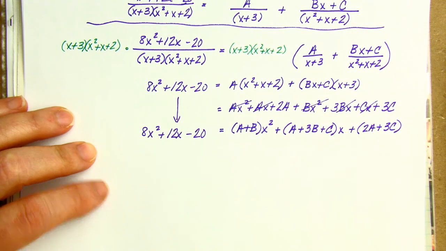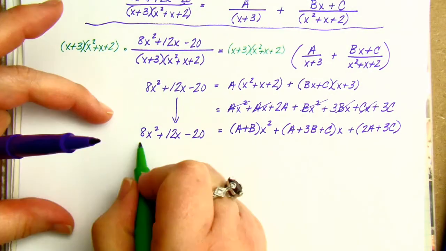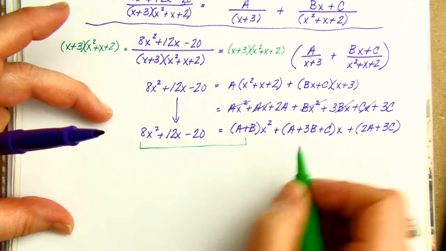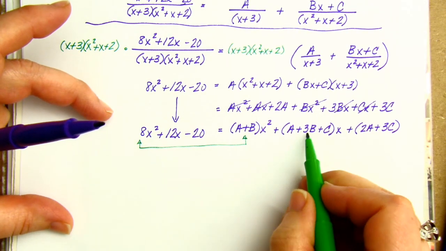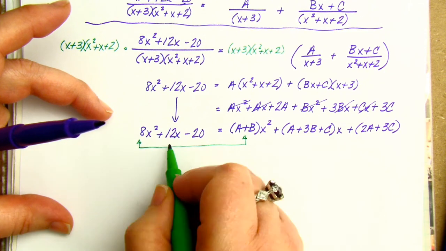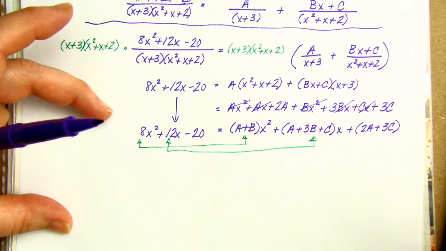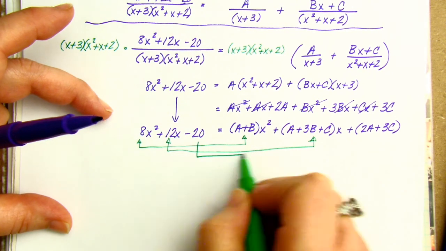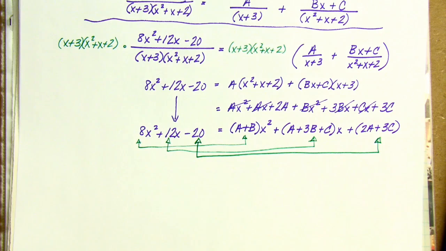All right, now I'm ready to equate my coefficients and my constant. So a plus b must equal 8. A plus 3b plus c equals 12. And 2a plus 3c equals negative 20. You have to take the sign with it, okay?